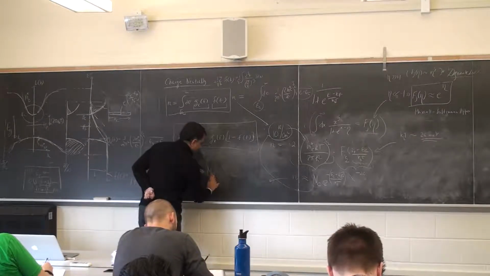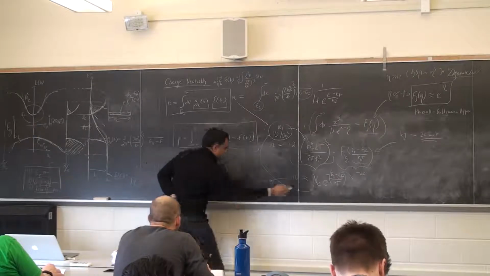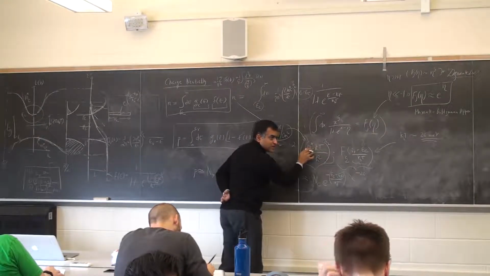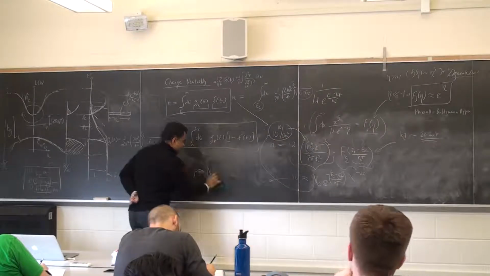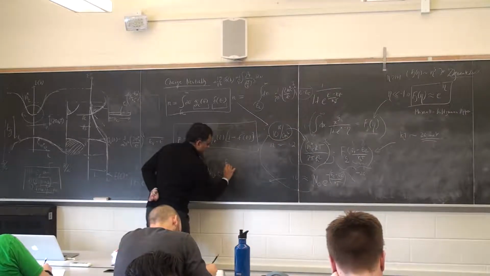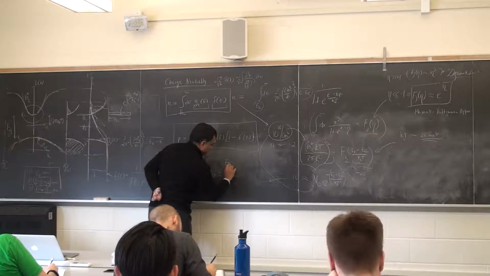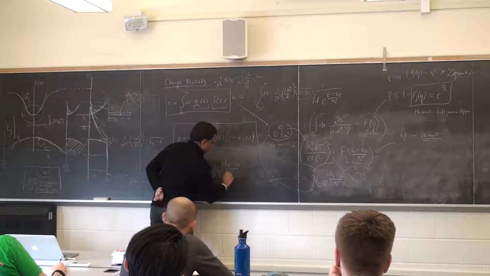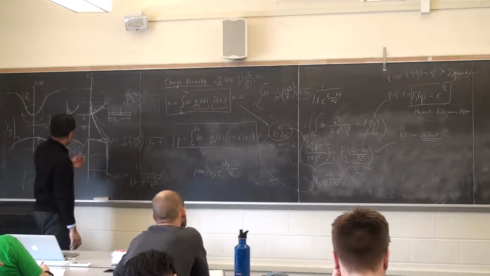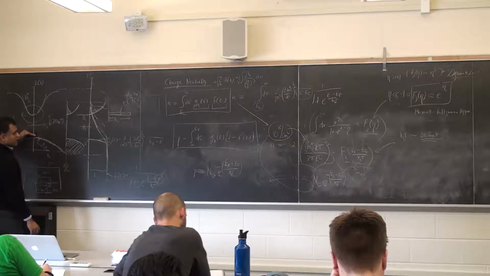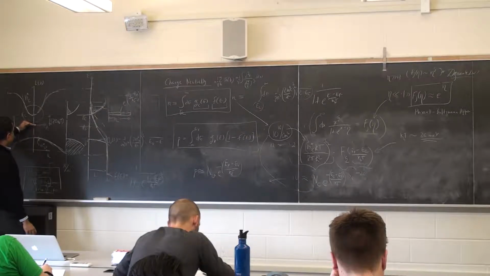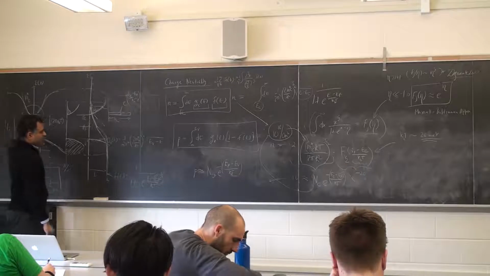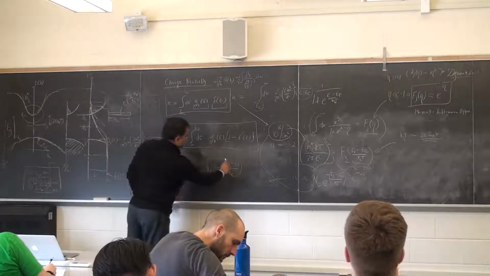Hole density similarly will be the valence band density of states, just like you have the conduction band here. Here you'll get m star v, the valence band effective mass, times e to the power of minus EF minus EV over kT. If the Fermi level is very far away from the valence band, again you have very few holes, and this is what takes care of that.